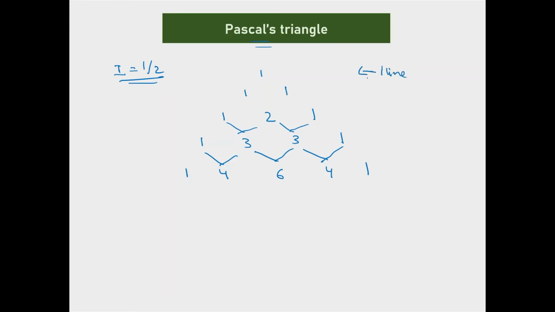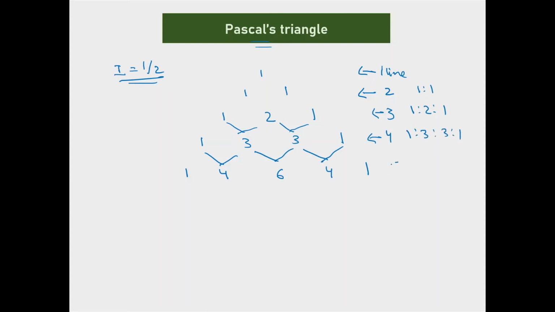So if we have one line, it will have intensity 1. If we have 2 lines, the relative intensity of those lines will be 1:1. If we have 3 lines, the relative intensity will be 1:2:1. If we have 4 lines, the relative intensity will be 1:3:3:1.